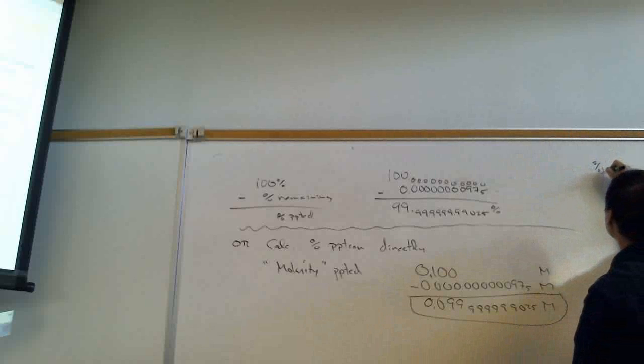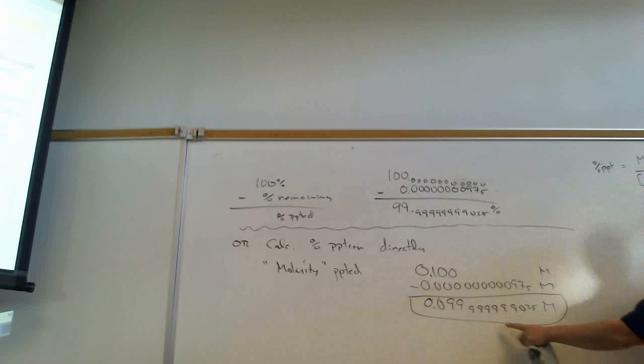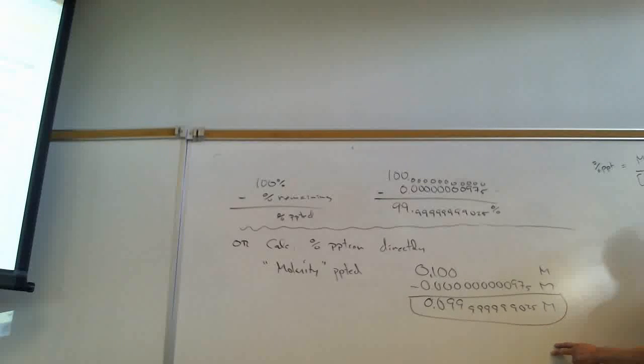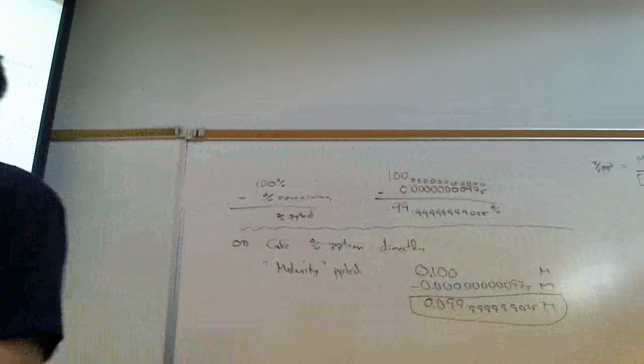The percent precipitated is equal to the molarity precipitated over the initial molarity. And so the molarity precipitated will be 0.0999... You save this in your calculator, right? Over 0.100 times 100%. Do that calculation in your calculator and see what it comes out to.